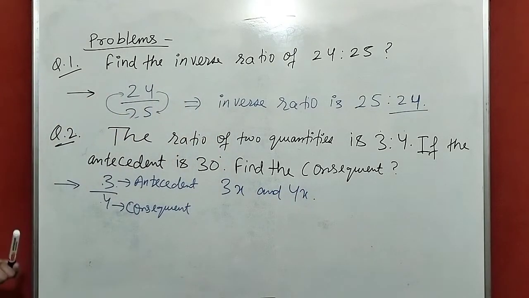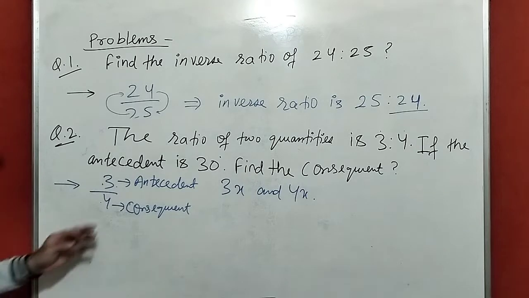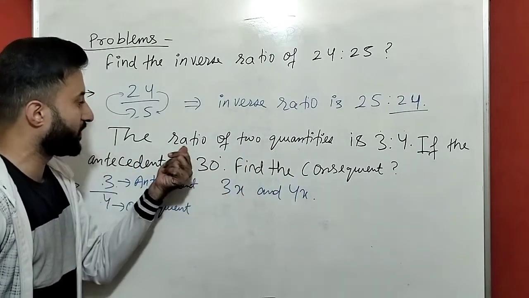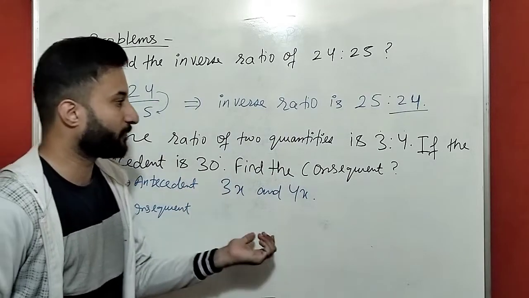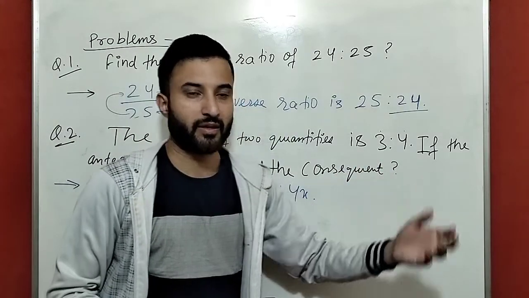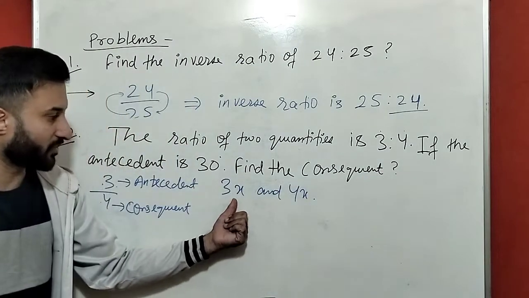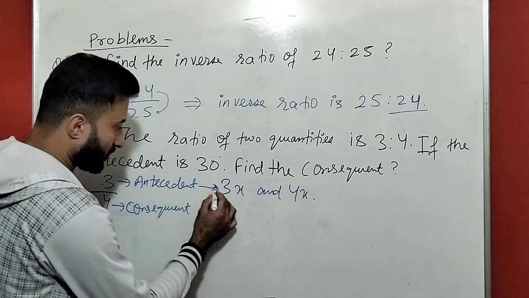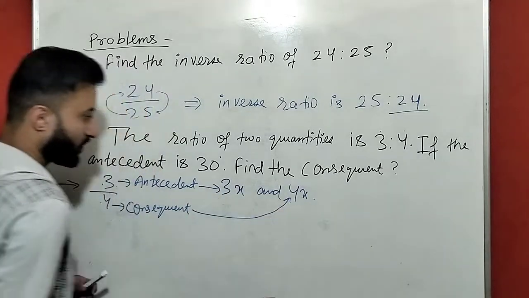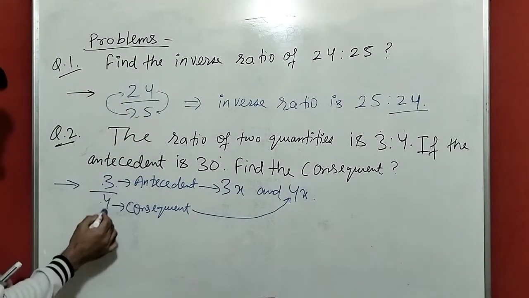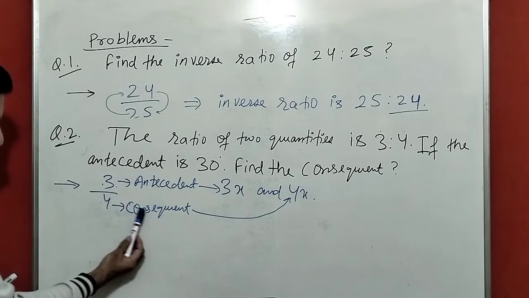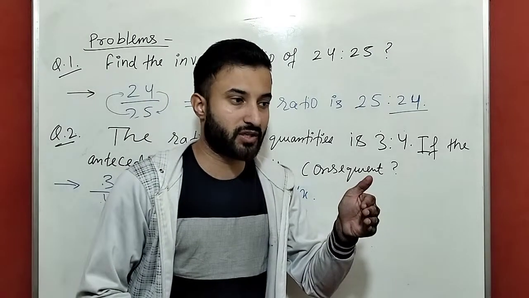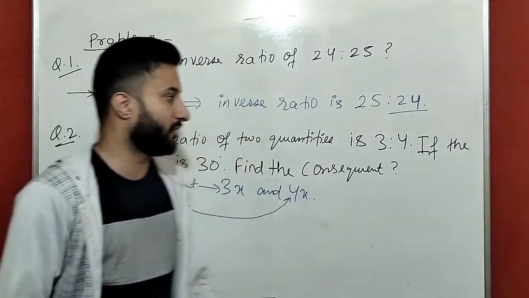As I have explained in the ratio chapter, whenever they give two quantities in a ratio, we express them with x. So 3:4 becomes 3x and 4x. Obviously the antecedent is 3x and the consequent is 4x. This is the thing I was teaching you in the ratio concept. This is a very important concept.